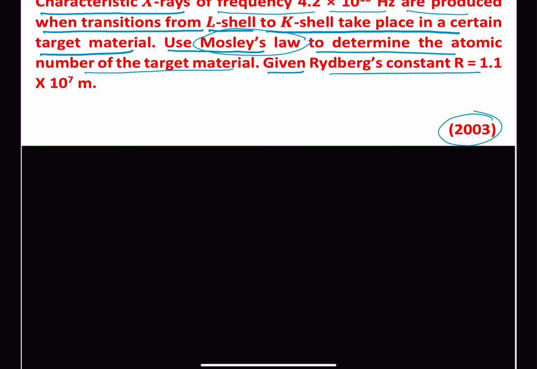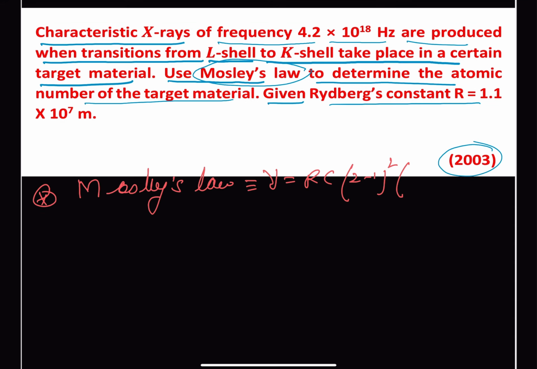And we start from there only. Moseley's law for X-rays states that the frequency, that is nu, is equal to R multiplied by c, times (Z minus 1) whole squared, and here we have the transition from L shell to K shell.